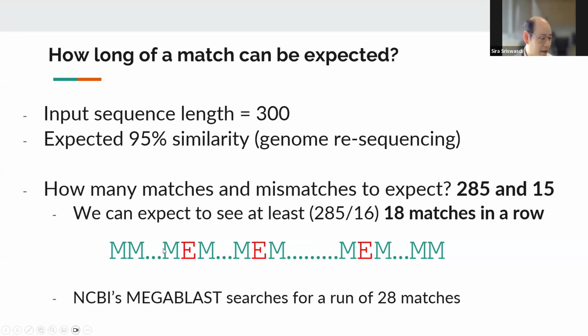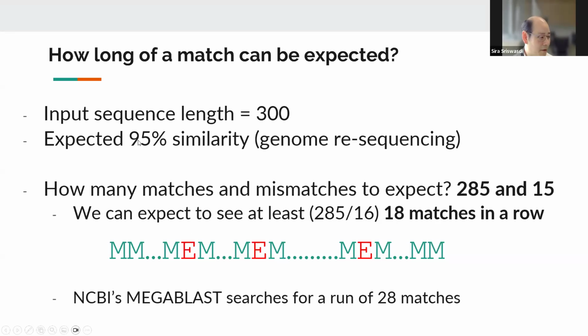the best you can do is put all the errors evenly in the sequence, and you divide the sequence of length 300 into stretches of 18 M's separated by E. Okay? So this is the best you can do. If you move the E to any other location, you get a longer stretch of M's.